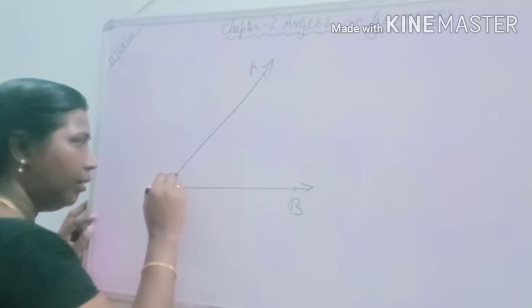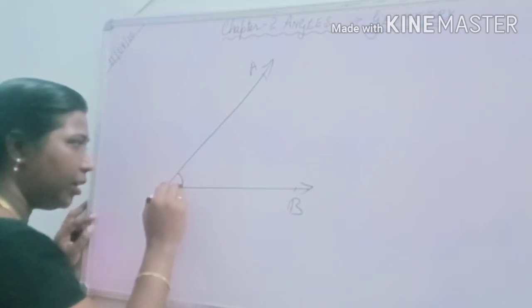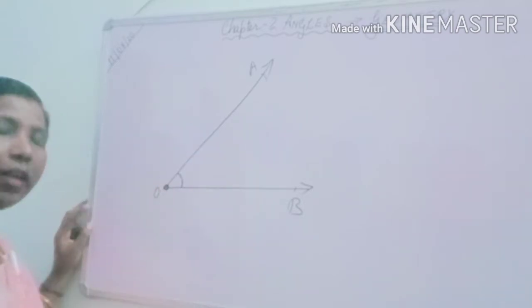The angle created between both the arms is called an angle.